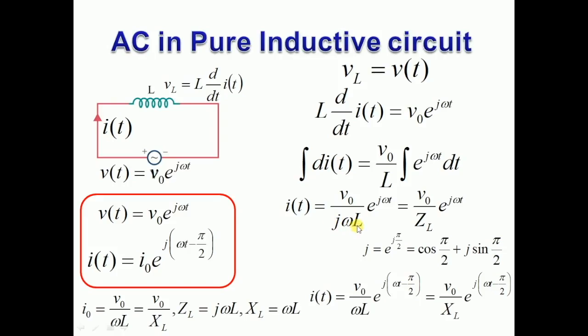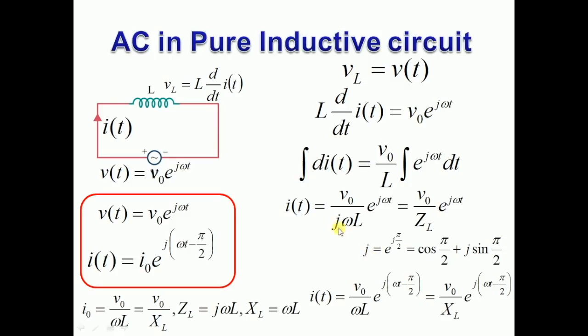So we reserve the letter capital Z for complex impedance, and if we want to represent only omega L associated with that, we have reserved the letter capital X, which represents inductive reactance. So reactance multiplied by j will be impedance.